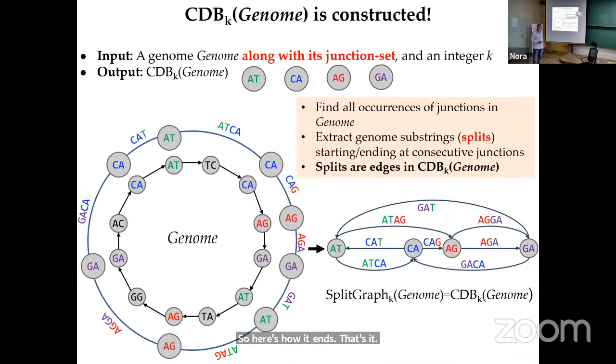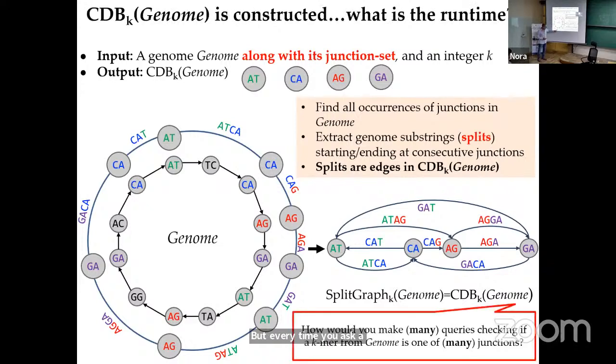But there are a few questions. This is a good algorithm, but every time you ask the question, is it a junction, you are solving the whole problem. How would you make many queries checking if a (k-1)-mer from the genome is one of many junctions?